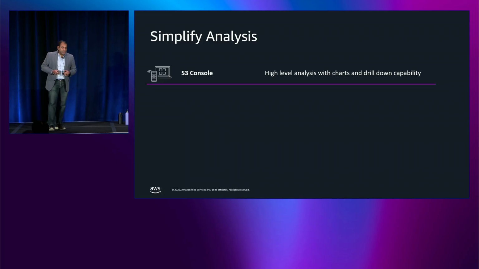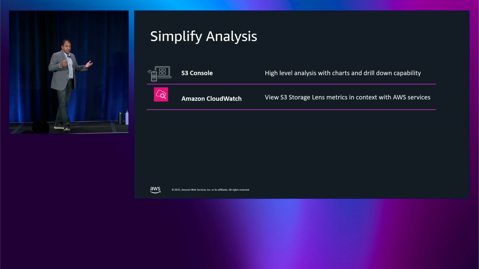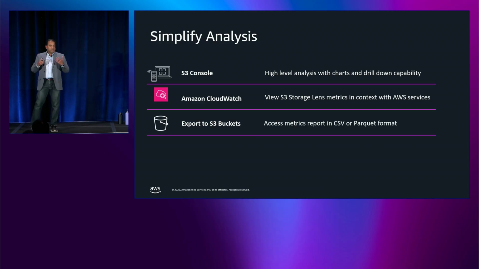The charts I showed you earlier are predefined charts that are available. Second, you can publish these metrics into Amazon CloudWatch, where you can view these metrics in context with other service metrics. And the third option was to export to an S3 general purpose bucket in CSV or Parquet format, where you can then process it and start querying your data.